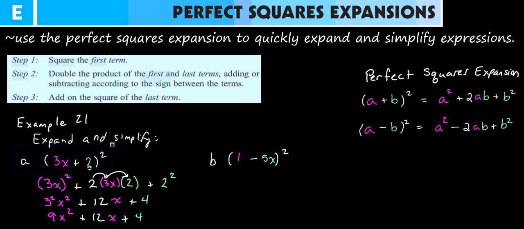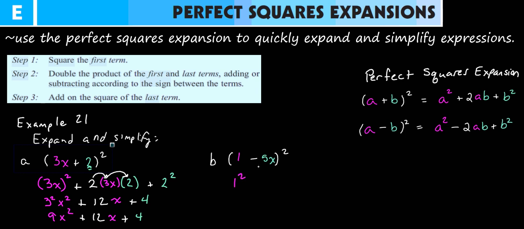Okay. I'll do this next one without any kind of mistake. We'll see how that goes. All right. So we have 1 and then minus 5x quantity squared. We'll start off with that 1. Now notice on this one, I've swapped the variable and the constant around. So I swapped the linear term and the constant around. All right, so here we go. 1 squared.